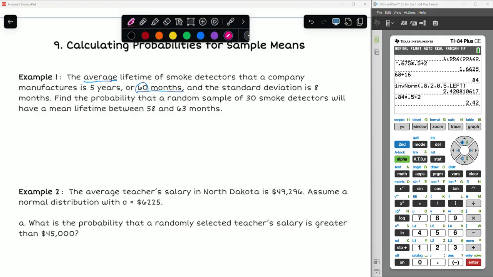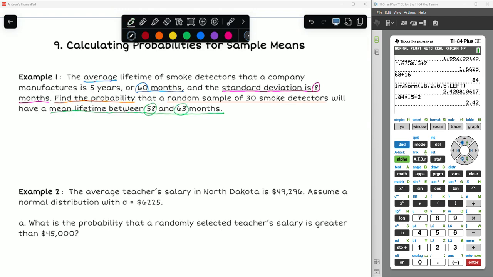The next statistics phrase is standard deviation, and they tell me that is 8 months. And then I'm told to find the probability that a random sample of 30 smoke detectors will have a mean lifetime between 58 and 63.